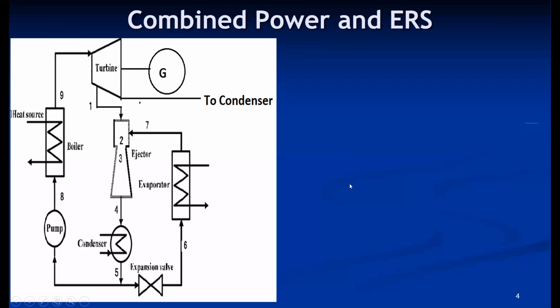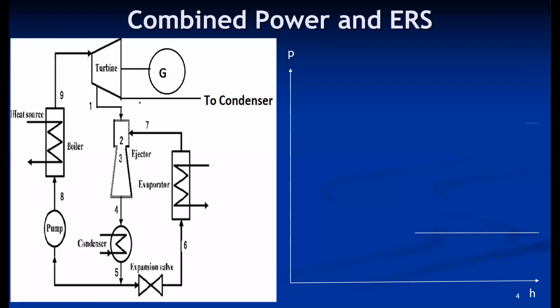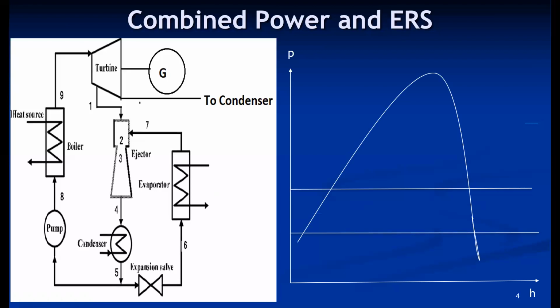So we'll again discuss how the cycle works with the help of the pH diagram. In this case, there are three pressure lines: the evaporating pressure, the ejector pressure, and the boiler pressure.